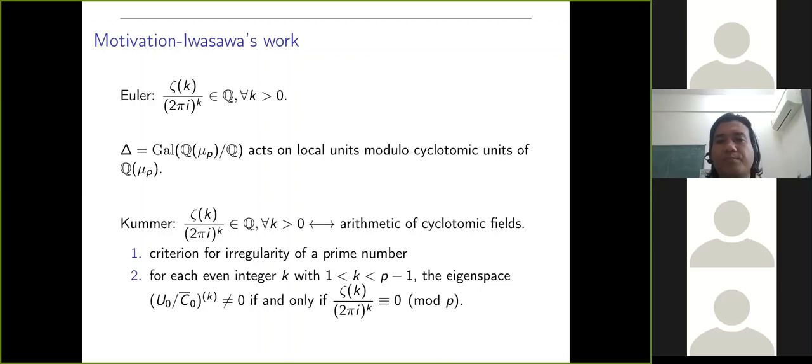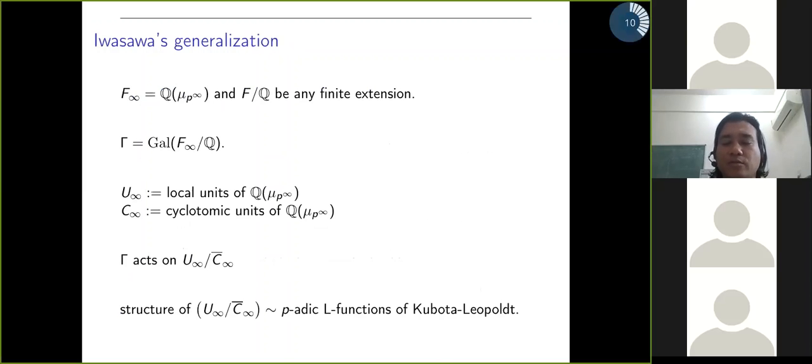Okay. So much later, this was given a very vast generalization by Iwasawa.